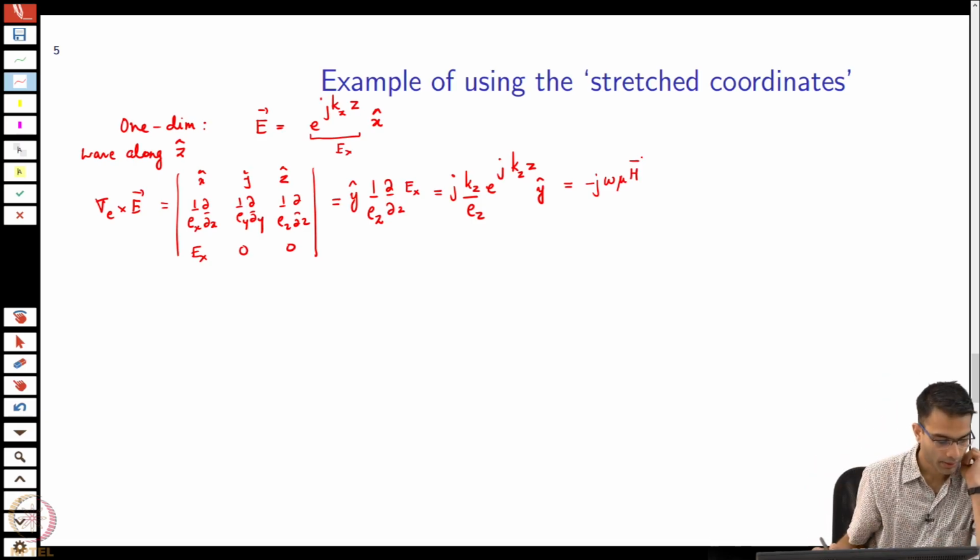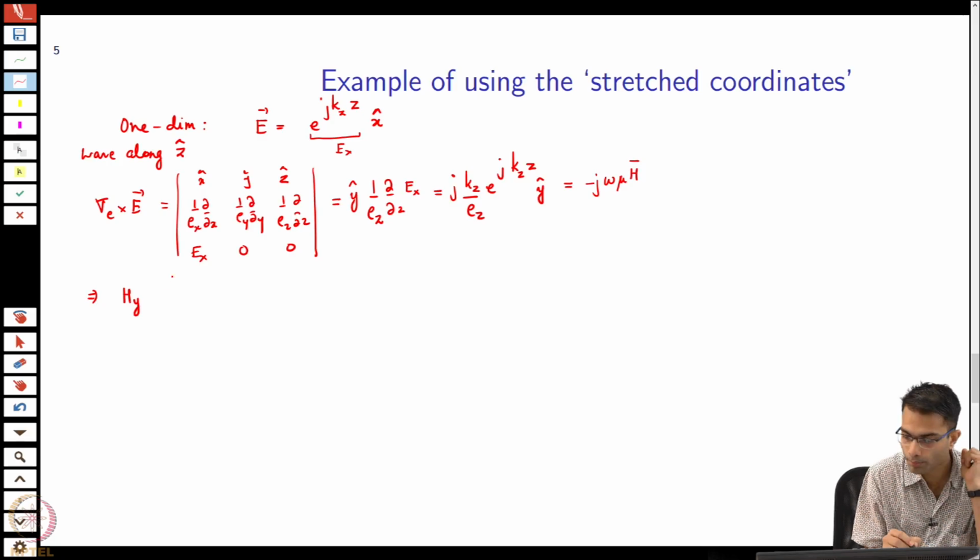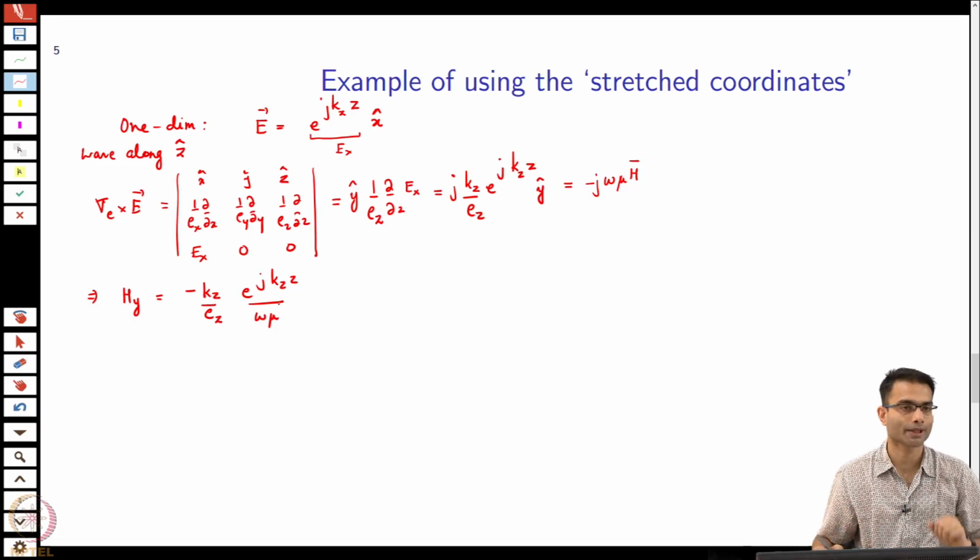Okay. So, the y component can be written therefore as minus kz by Ez e to the j kz z divided by omega mu, that is the y component of magnetic field. Right.